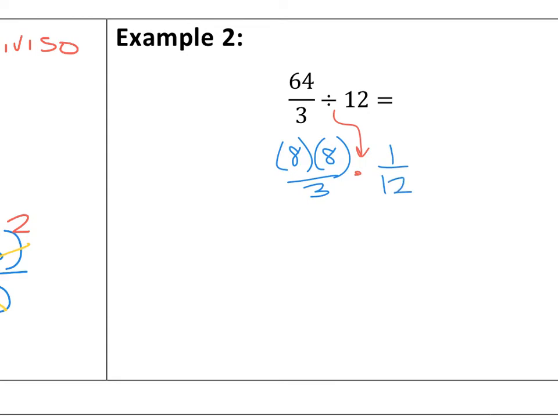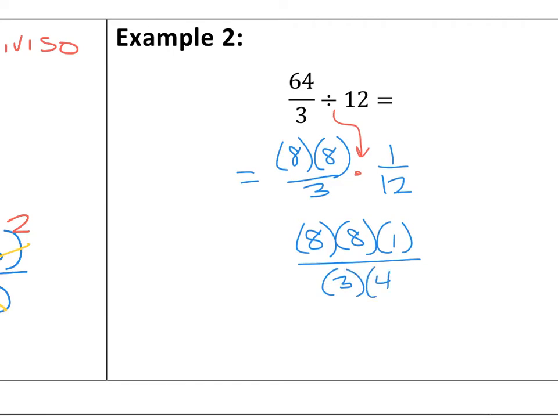So in the numerator, I have 8 times 8 times 1, and in the denominator, I have 3 times 12. I'm going to change that 12 to 4 times 3. And I can see that 8 divided by 4, I'm going to end up having a 2 up here. And it looks like that's all we can do. So this will reduce to an equivalent rational number of 16 ninths.